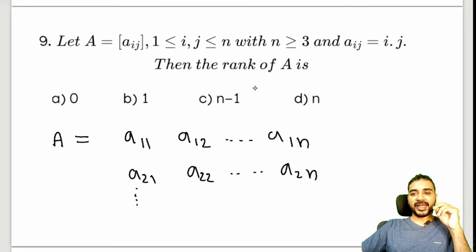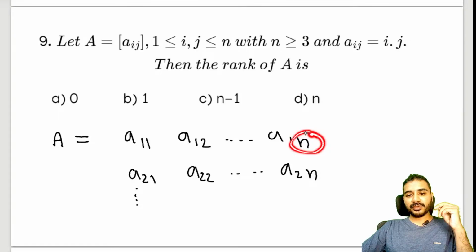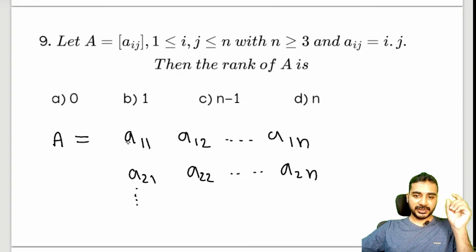So the maximum number of columns here is n. So we can write maximum number of rows up to n here, since we are discussing rank here.